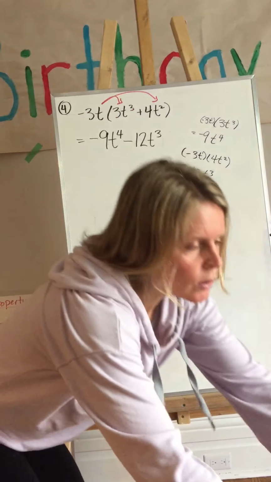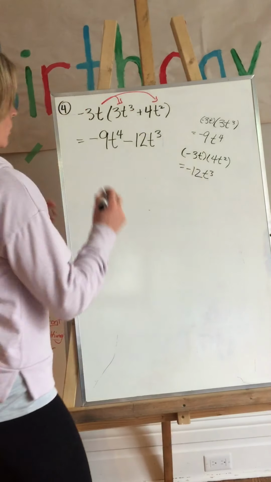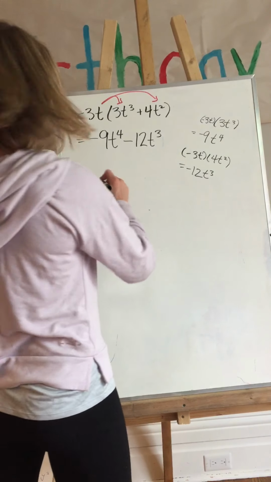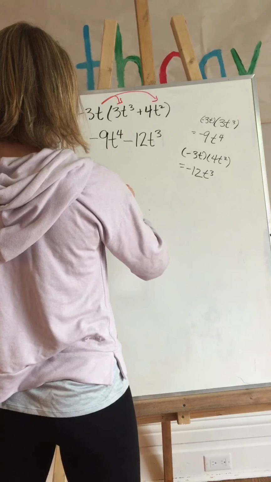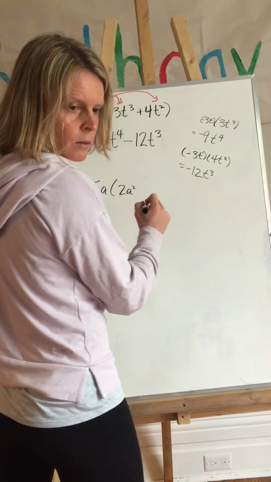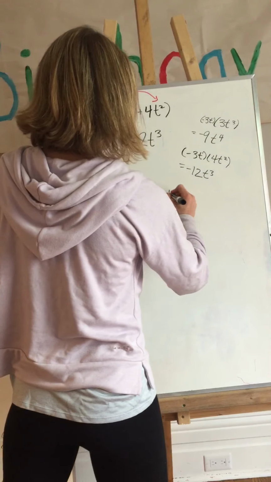Okay, should we do one more? Why not? How about this one? So number 5, 5a times 2a squared minus 3a plus 4.